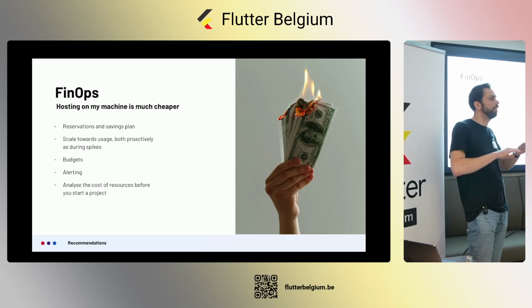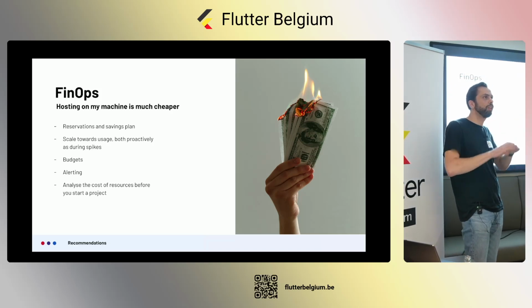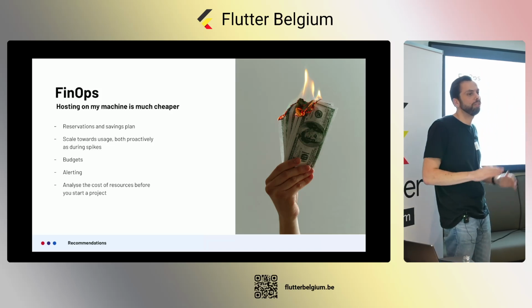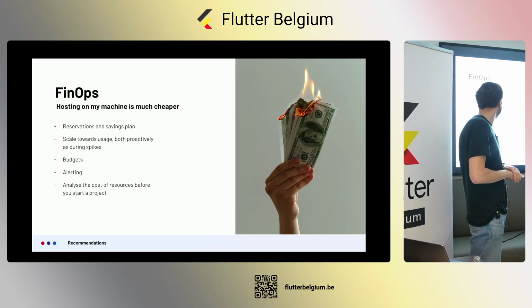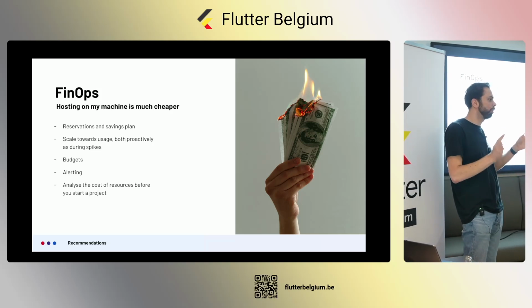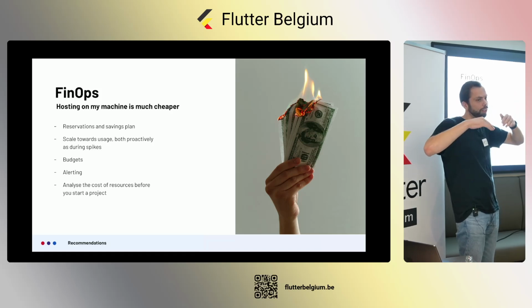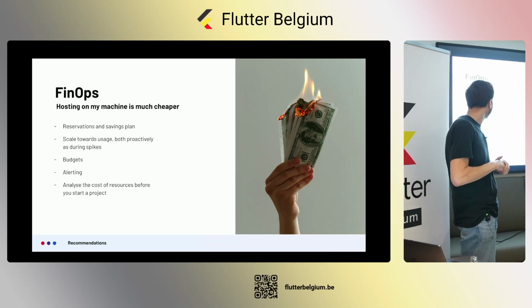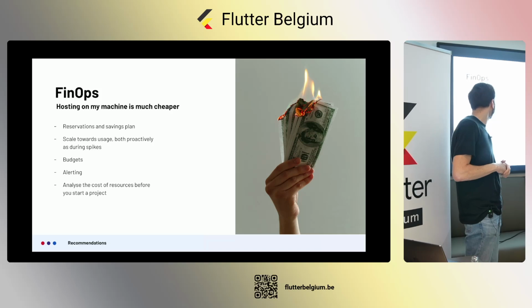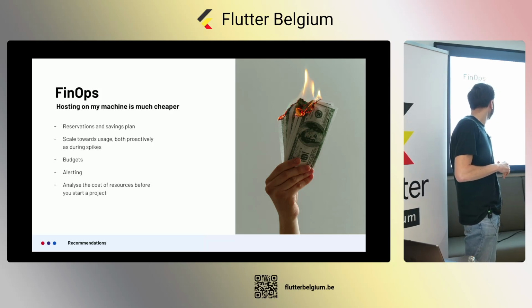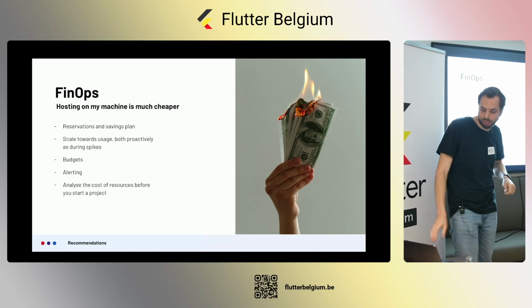But don't reserve the compute for the whole time if you're only using it one hour a day for a very high peak. Put a budget: before you start your project, calculate how much it would cost. Configure that inside your cloud environment so you know if you're going over budget, and also set up alerting, so once you go over budget, you know there's a cost impact. So analyze the resources.